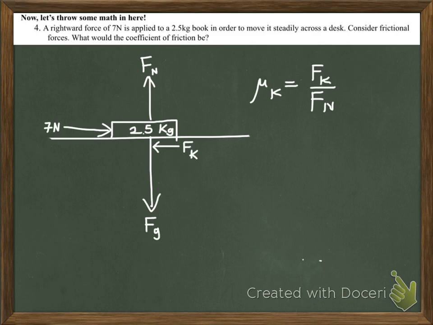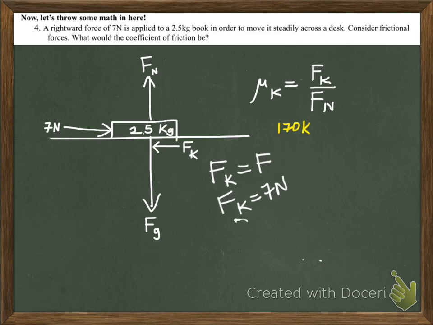So if I'm pushing the box 7 newtons to the right, the force of kinetic friction is the same thing. It's going to be pushing back 7 newtons. So let's write that down. The kinetic force is equal to the force, which is equal to 7 newtons. Hopefully this is making sense.